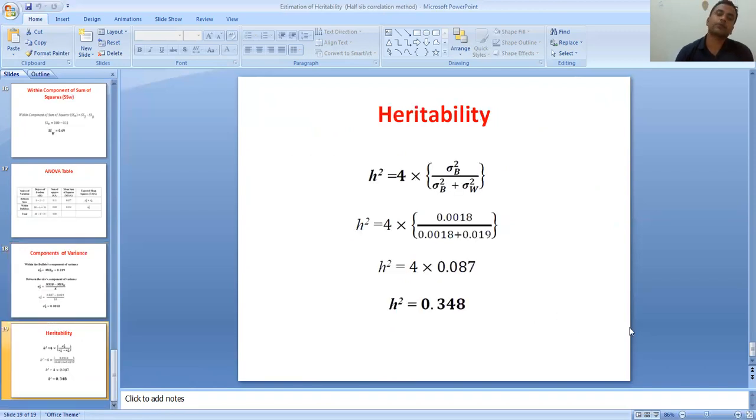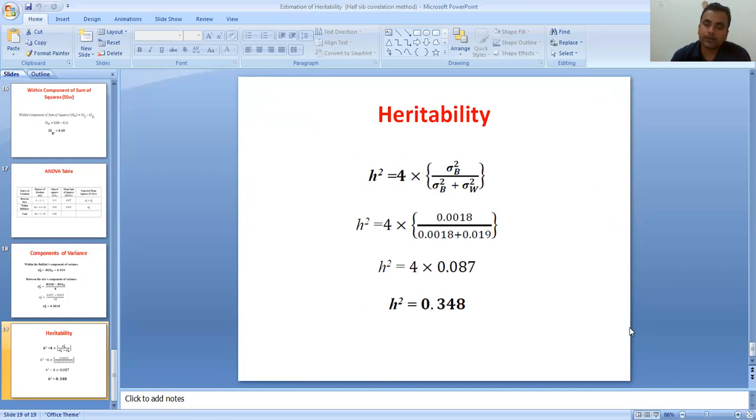Then we put these values into the heritability estimation formula by multiplying with 4, and we are getting heritability 0.348. So this is the heritability for first year production for ram.